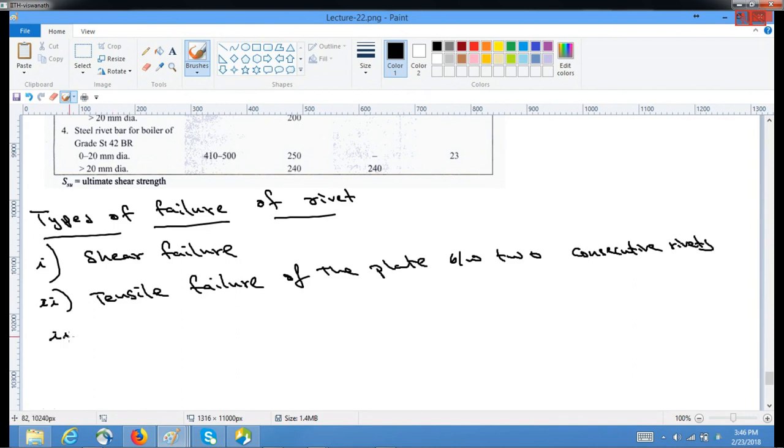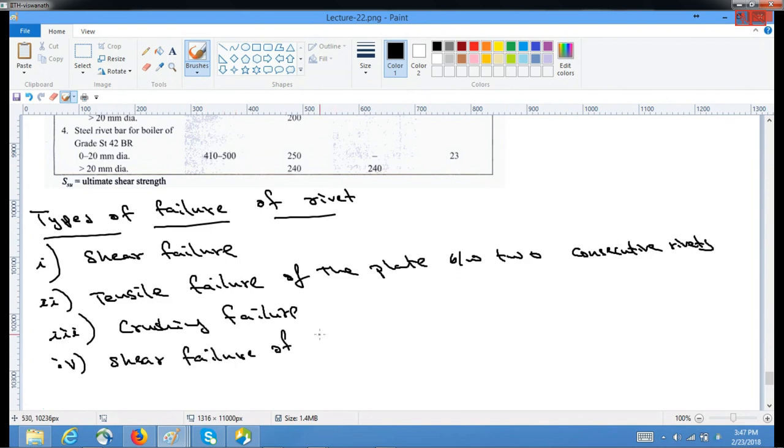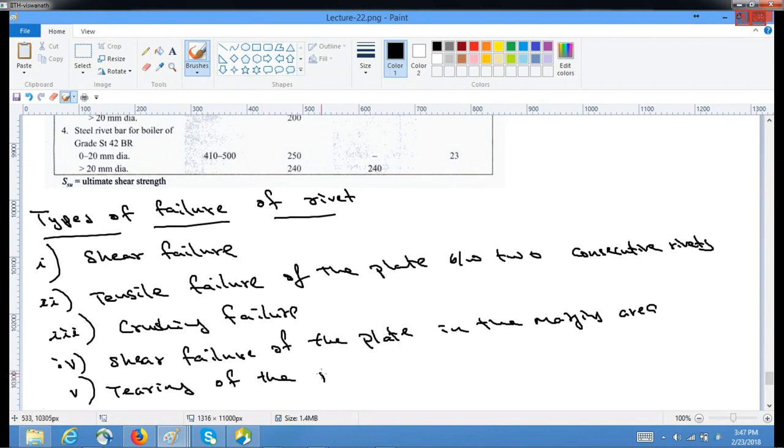And third type is crushing failure. Fourth one is shear failure of the plate in the margins area, and tearing of the plate in the margin area.